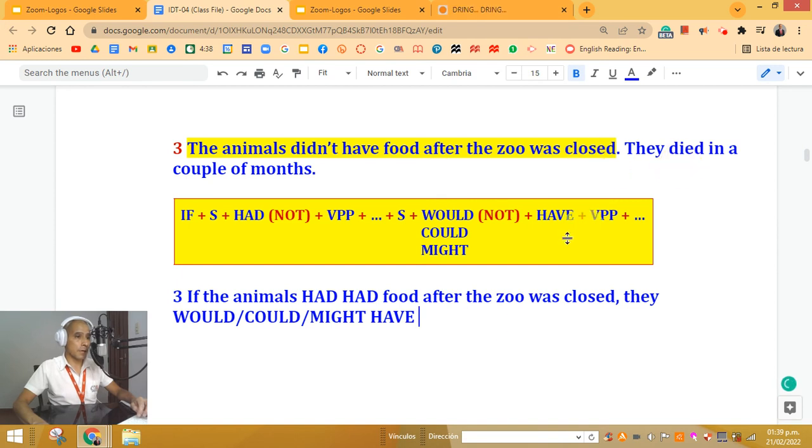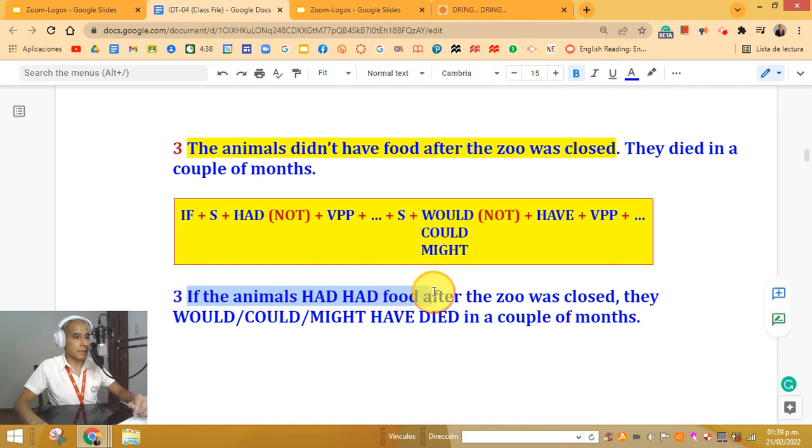In this case, the verb is died, so I just have to put it, because it's a regular verb, have died in a couple of months. Okay, perfect. Now let's analyze it.